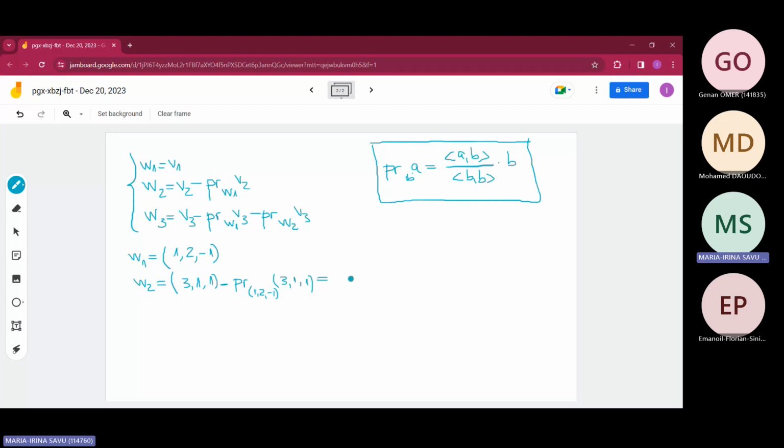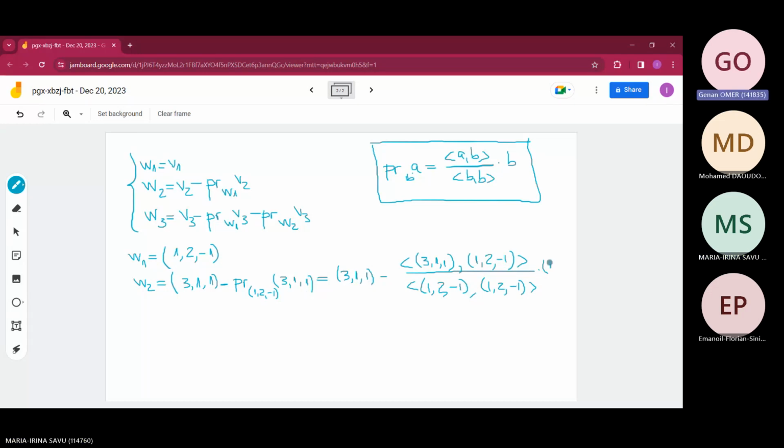Okay, let's see. How do you compute this projection? It will be the dot product between 3, 1, 1 and 1, 2, minus 1, over the dot product of 1, 2, minus 1 with 1, 2, minus 1, multiplied by the vector 1, 2, minus 1.